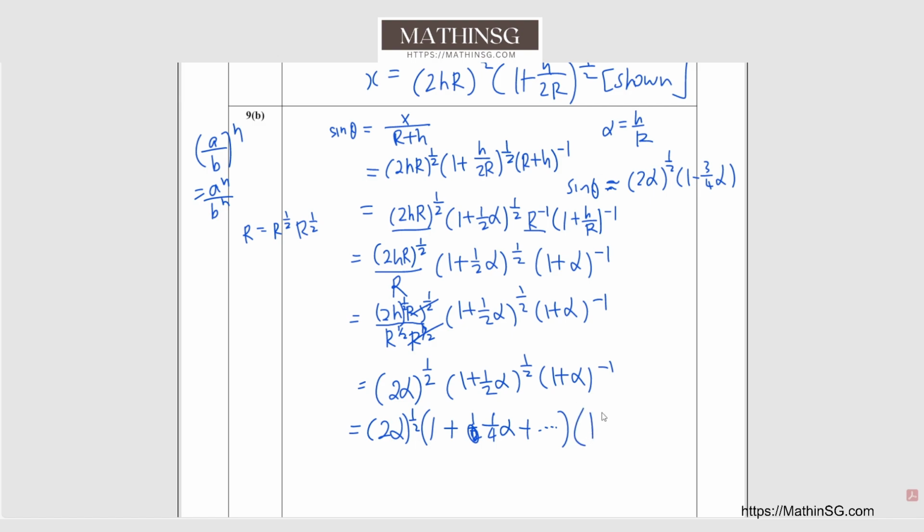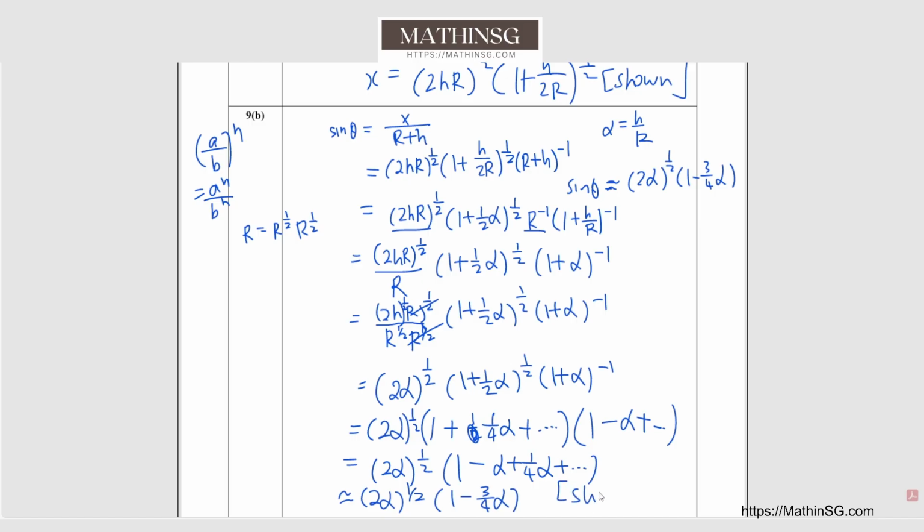Then this one will be 1 minus alpha. Then let's expand it. So I have 1 minus alpha plus 1/4 alpha, which is approximately equal to 2 alpha to the power of half, 1 minus 3/4 alpha. Shown. Okay, so I've shown part B.